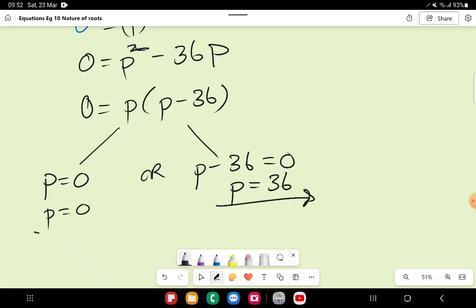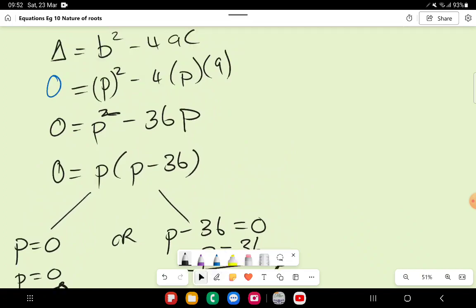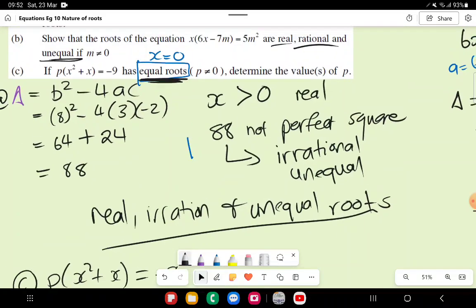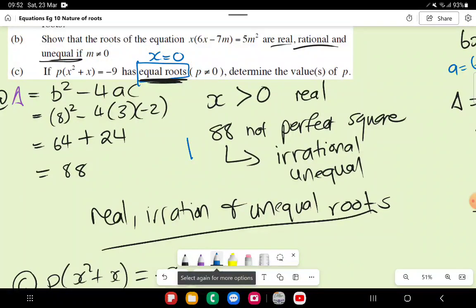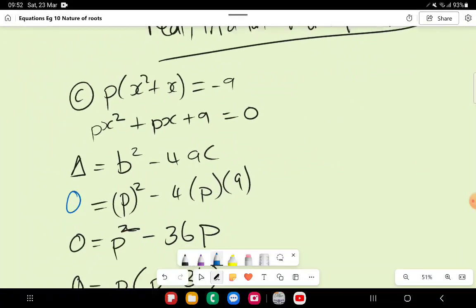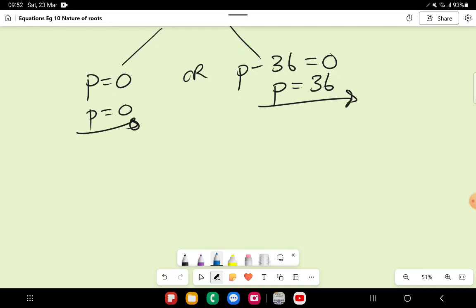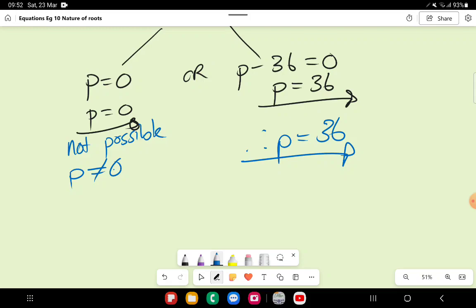Those are the two options. However, this statement here says very clearly, and this is one of the ways that they catch you, they say p is not equal to 0. So I can say not possible, p may not equal 0, therefore p is only equal to 36.